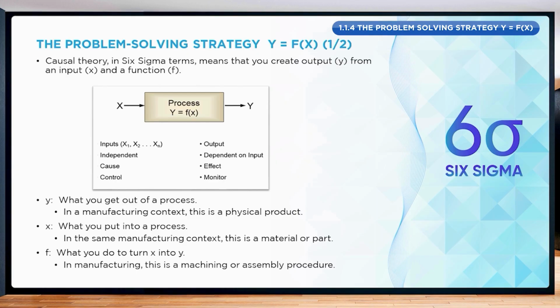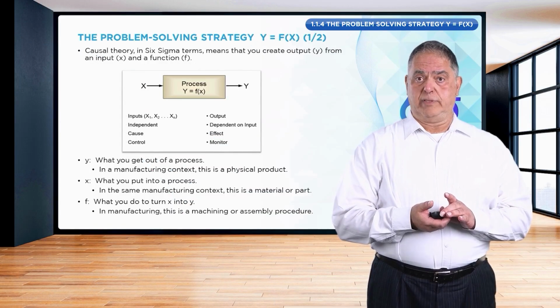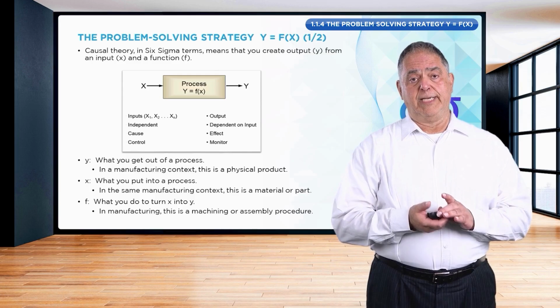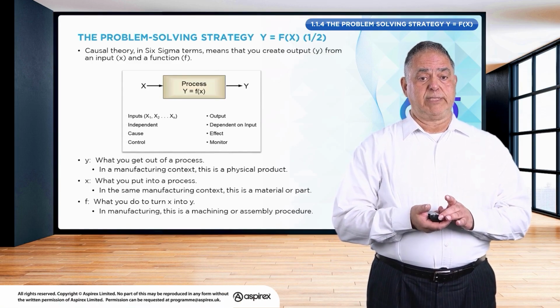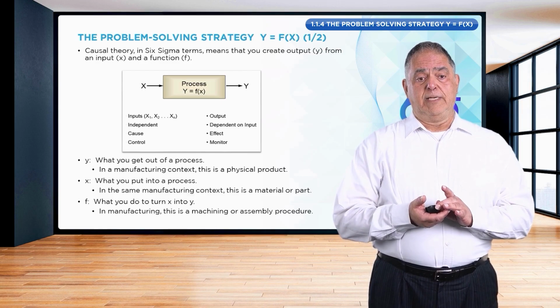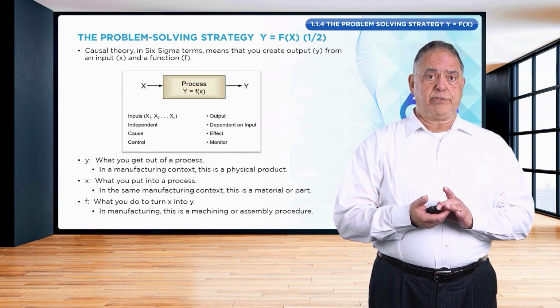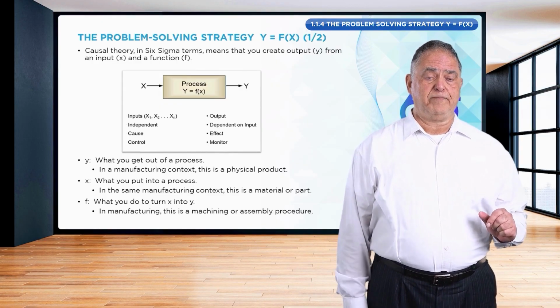A causal theory is about you create an output from an input and a function. So the input is X and the function is F. Looking at inputs and outputs, we see that they come under different terms.